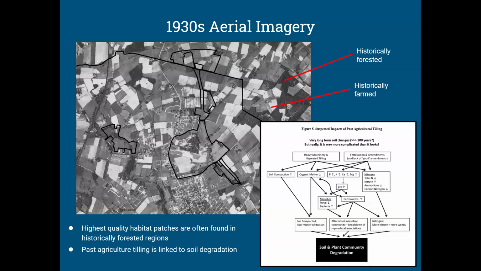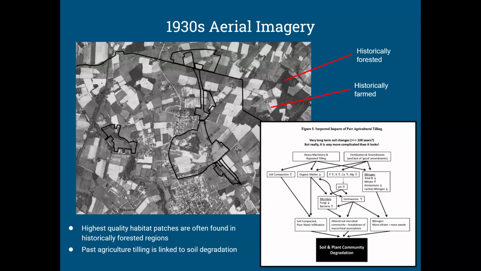So yeah, this is what a 1930s aerial looks like. And you can pick it out, what was historically forested, what was historically farmed. We had mentioned in the past that the highest quality patches now currently are where historic forest occurred in the 1930s. And then, like I said, for northern New Jersey, the 1890s.